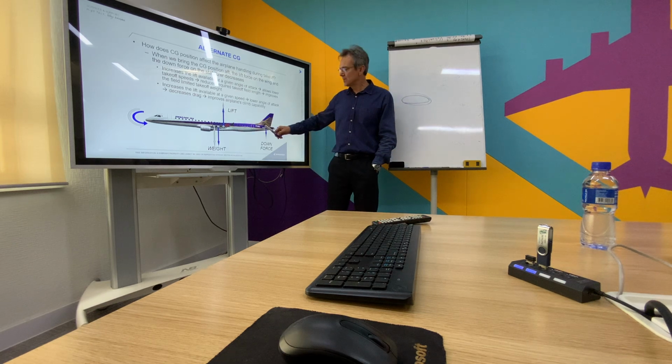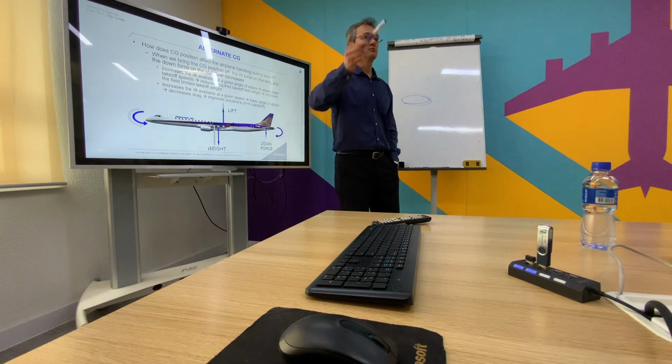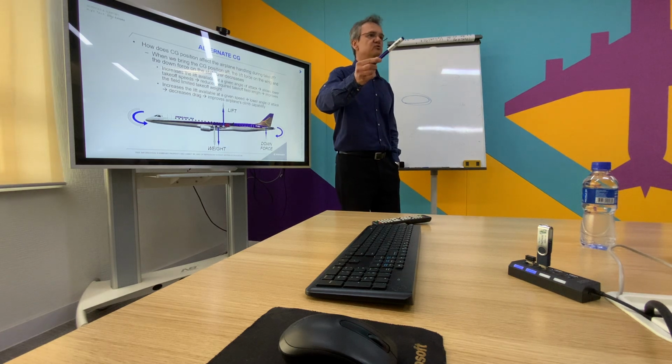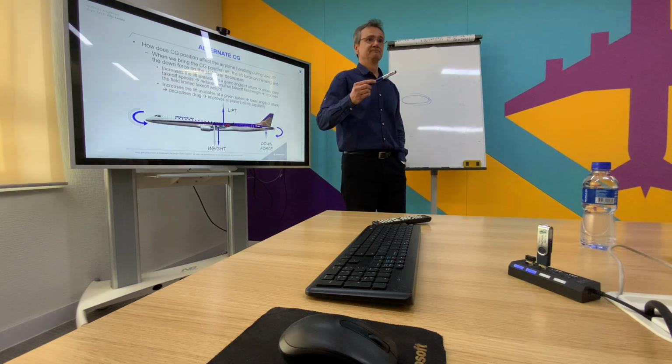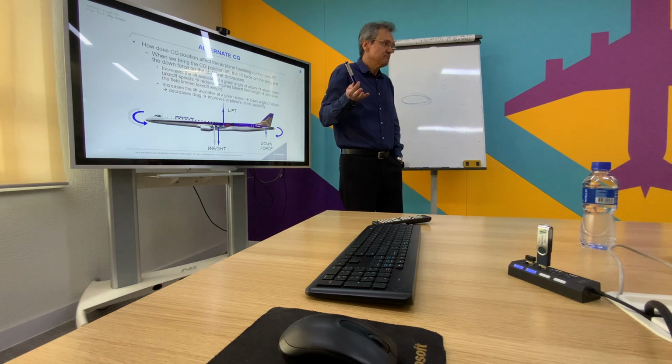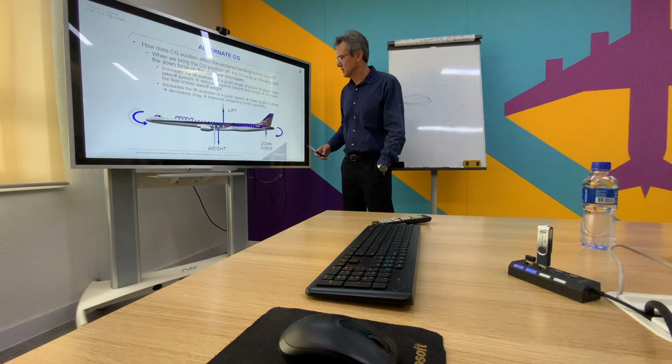As you have more force on the elevator, you increase drag. If you increase drag, you increase stall speed. If you increase drag, you increase fuel consumption. Yeah, we learned this at school.